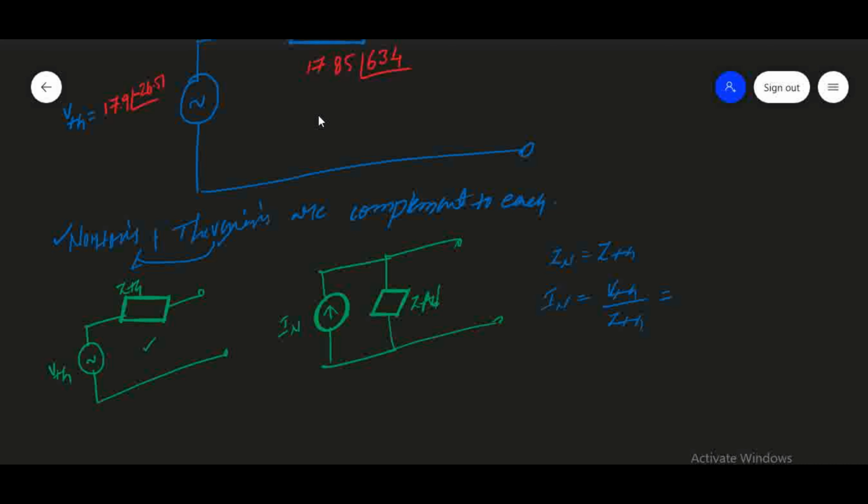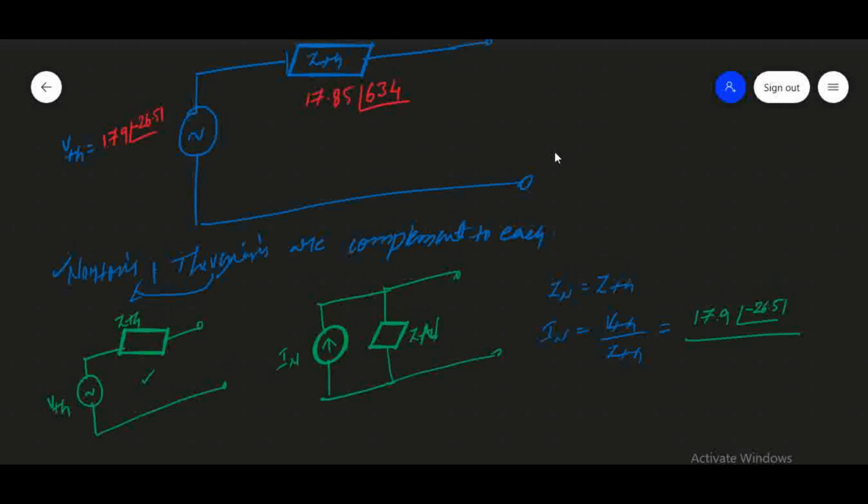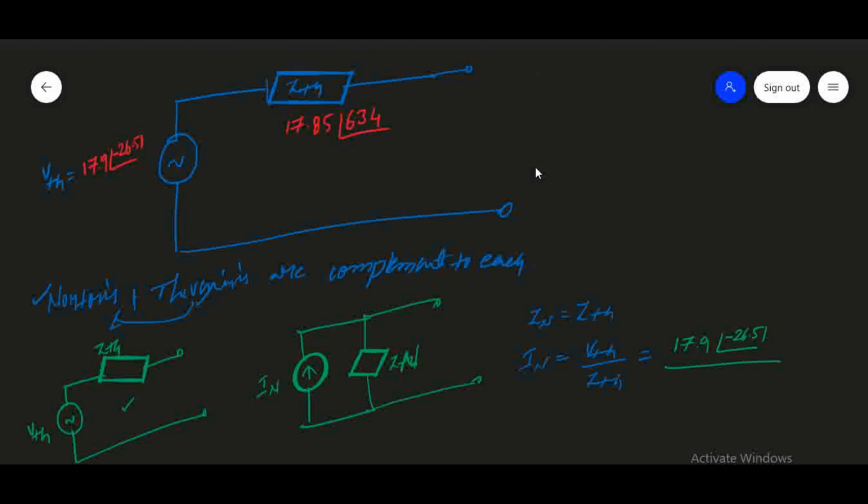From this circuit, what is VTH? It is 17.9 with an angle of minus 26.51. And ZTH is approximately 17.85 with an angle of 63.4.